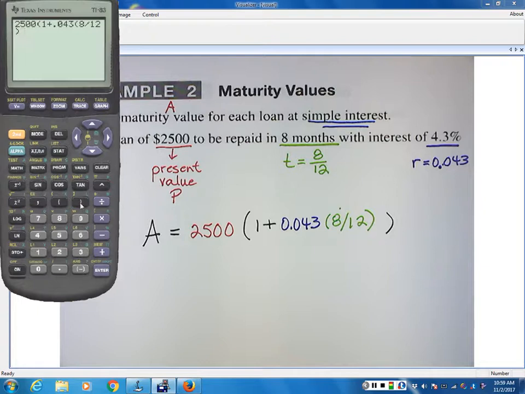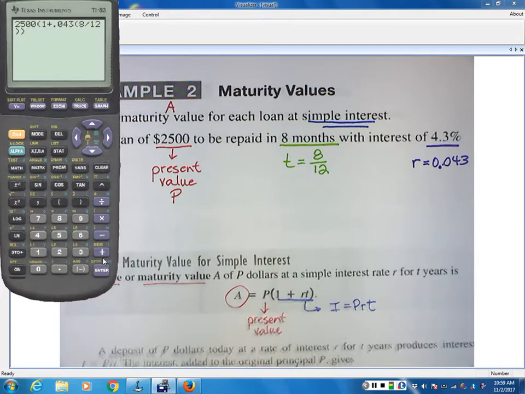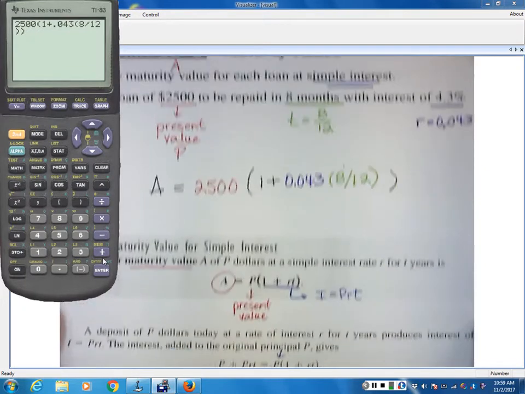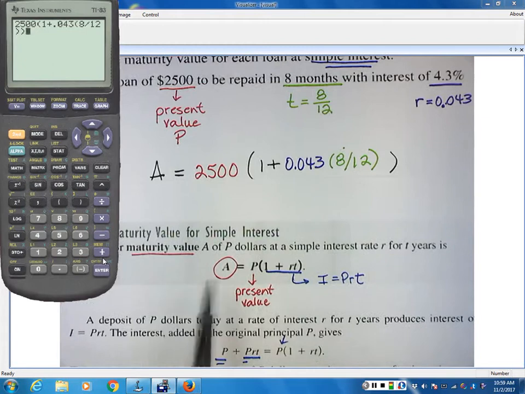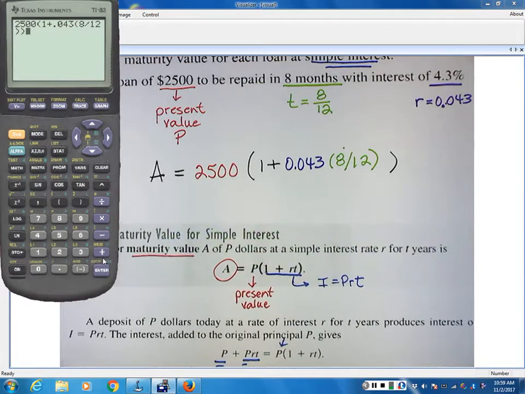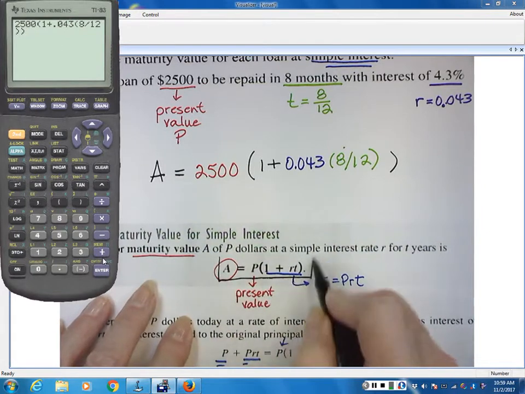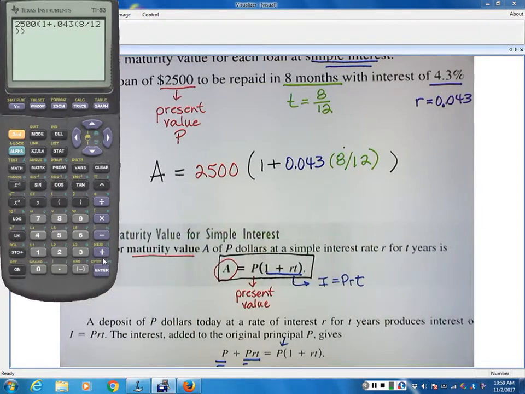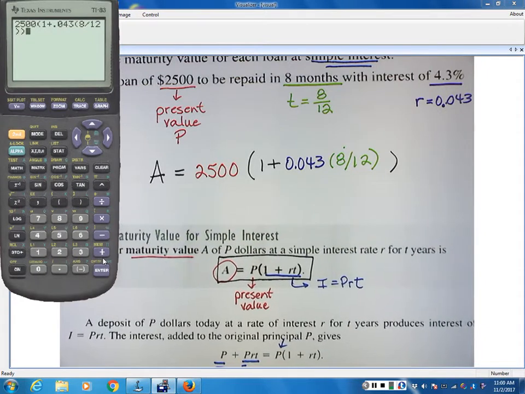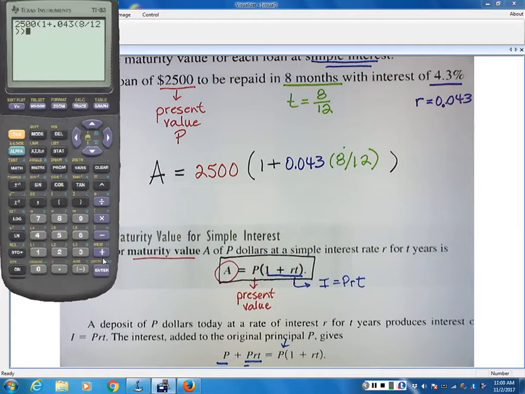Fractions always go in parentheses. So that should correspond to our formula on the previous page. So that's this formula. I will give you the simple interest rate formulas on the test, but you won't need a lot of the other formulas.